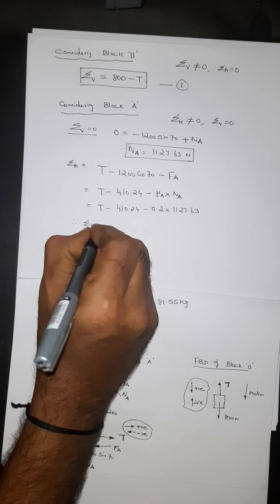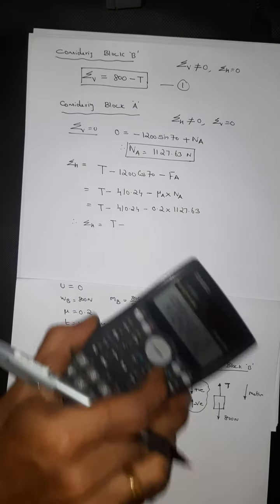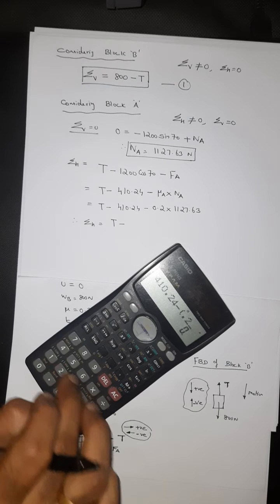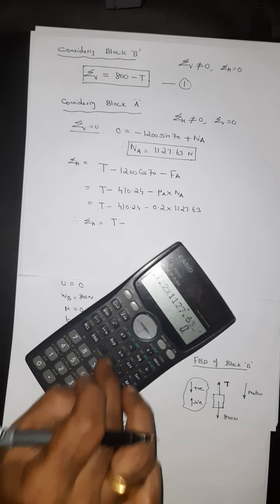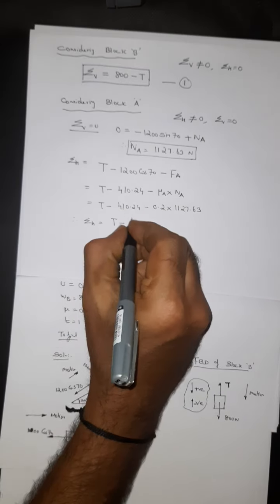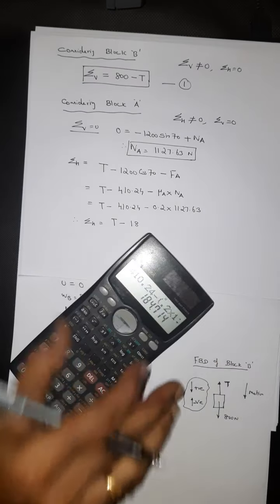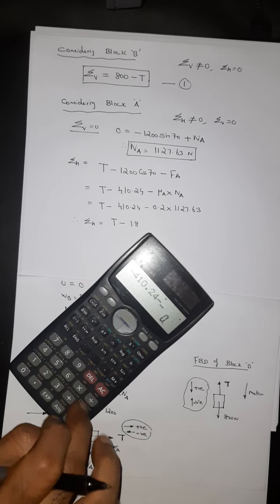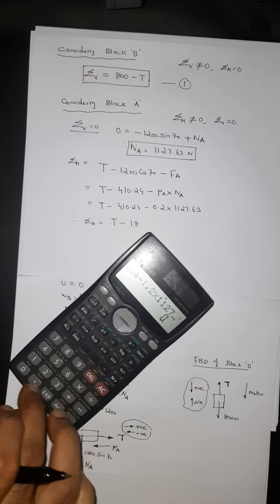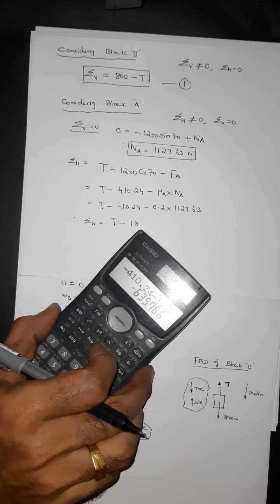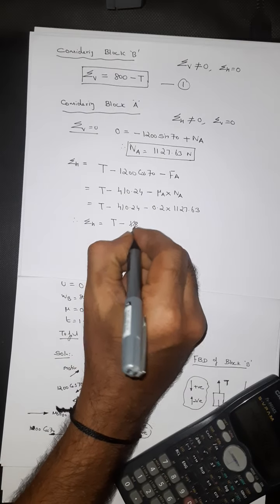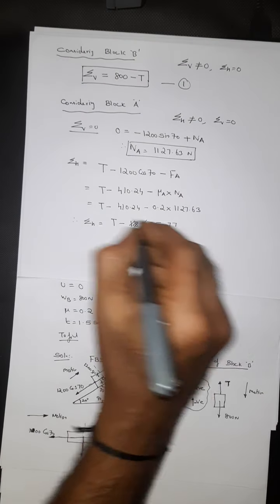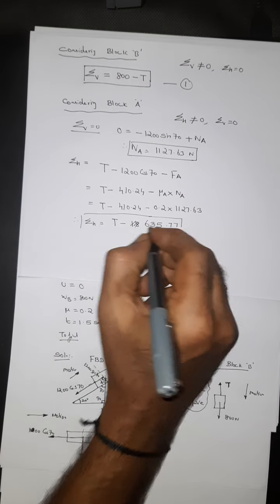Therefore summation H equals T minus 412.24 minus 0.2 into 1127.63, which would be minus 635.77. Clear?